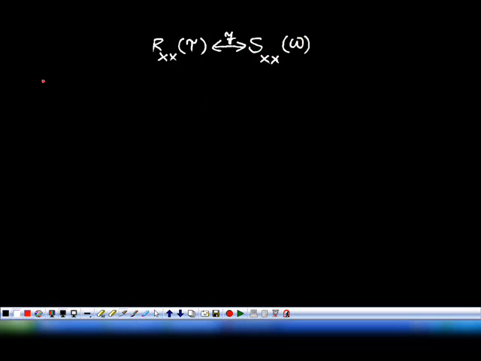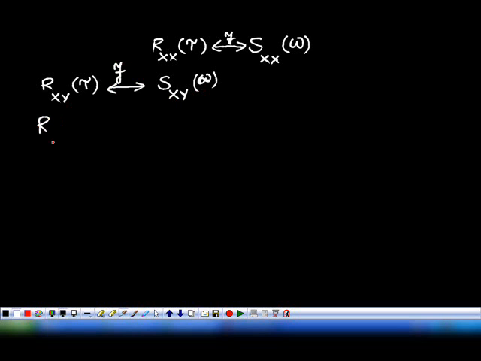In the same manner, Rxy of tau and this are also forming the transform pair. That is, the Fourier transform of the cross correlation function Rxy of tau is equivalent to the cross power spectral density Sxy of omega.